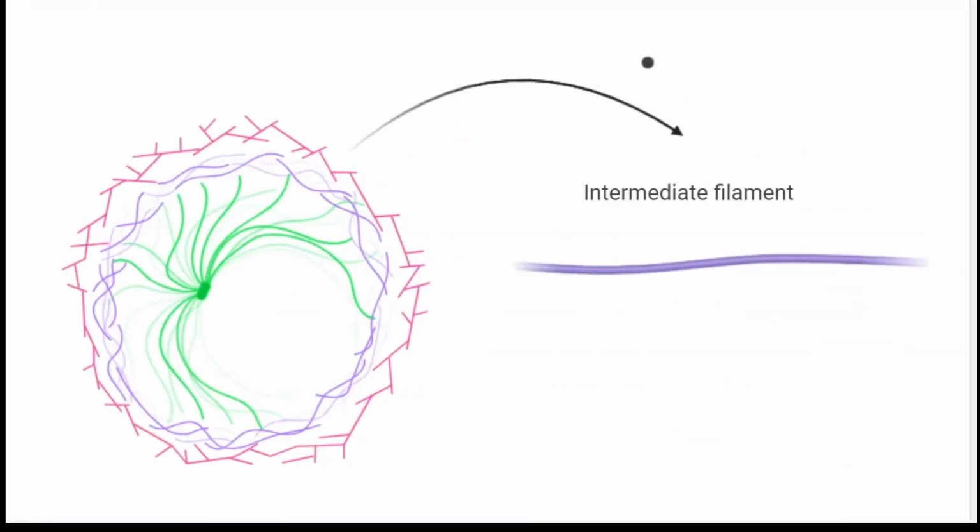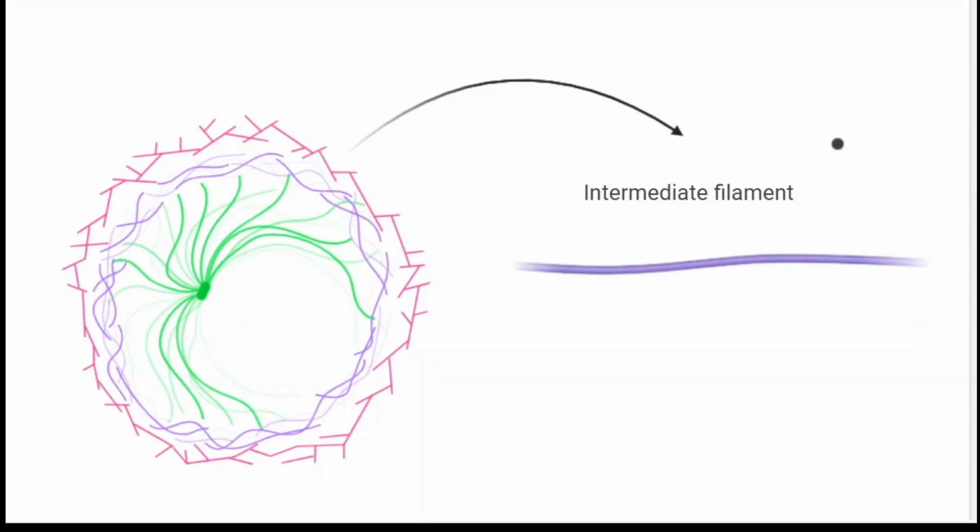Then secondly, there are the intermediate filaments. And as the name suggests, it's intermediate, which means that their diameter is in between the size of the microtubules, which I'll explain next, and microfilaments.